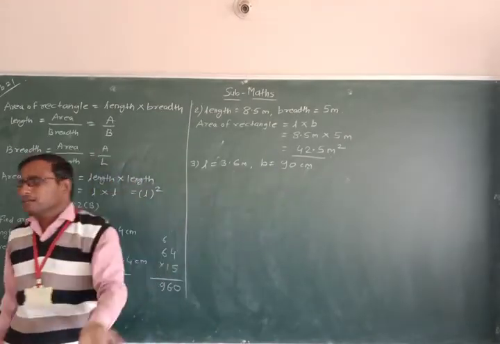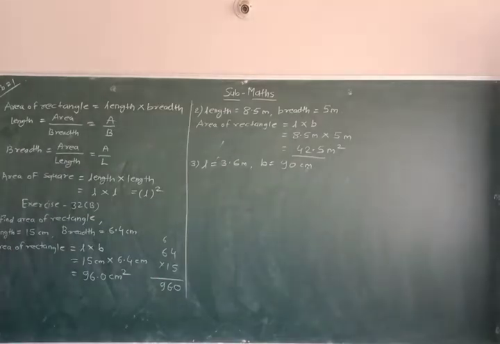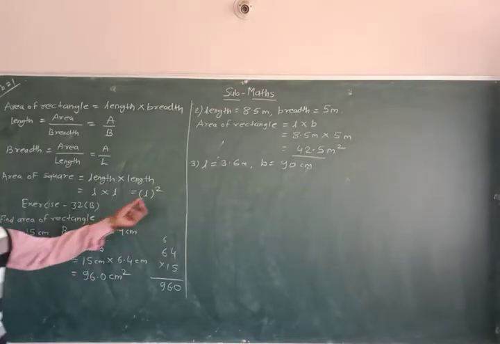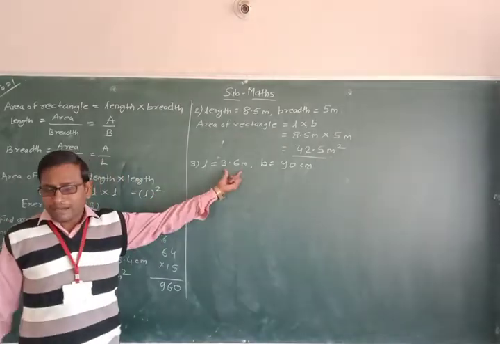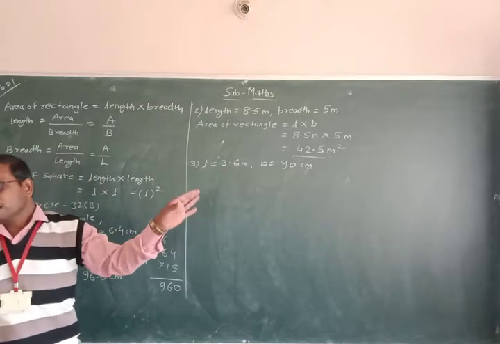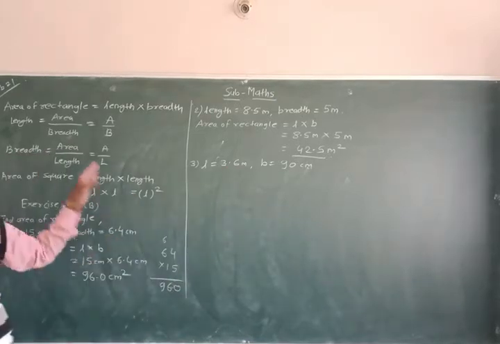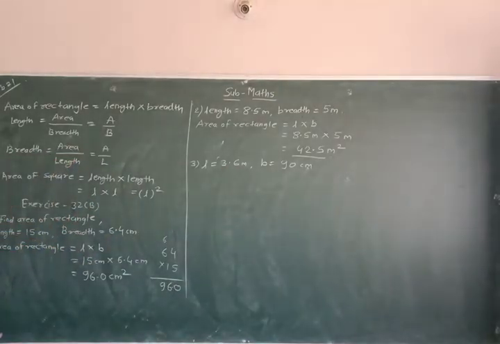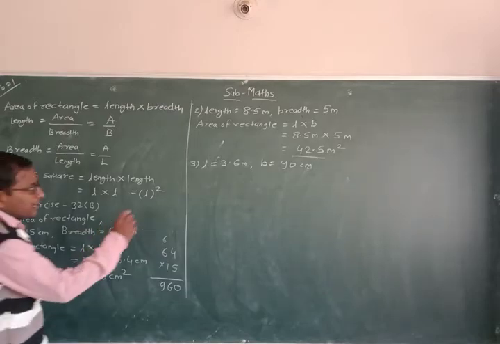So meter is converted into centimeter. You know 1 meter is equal to how much? 100 centimeter. So multiply this meter value by 100, then the units are equal, then you substitute the value and find the area of rectangle. So third and fourth you do it.